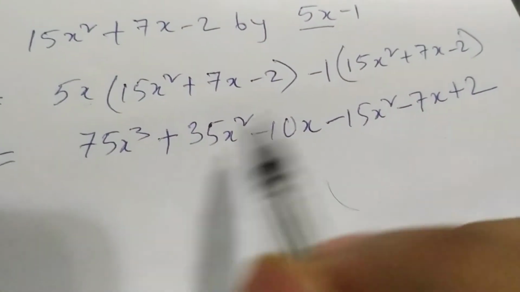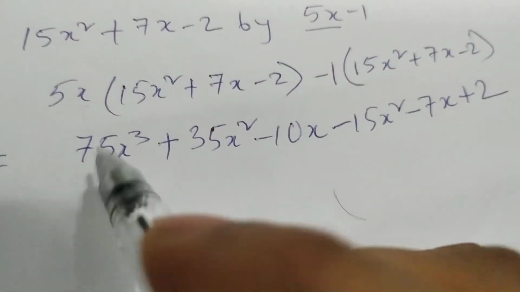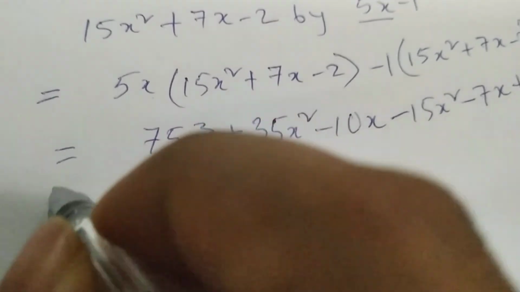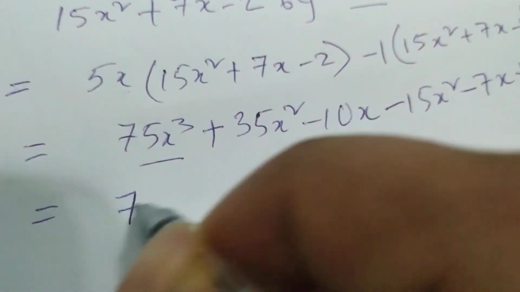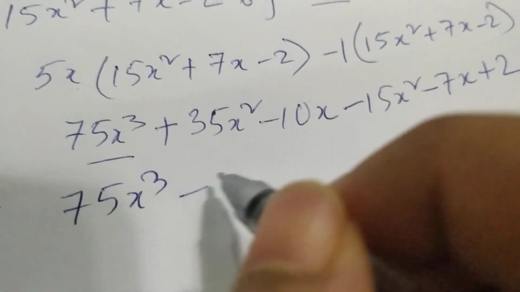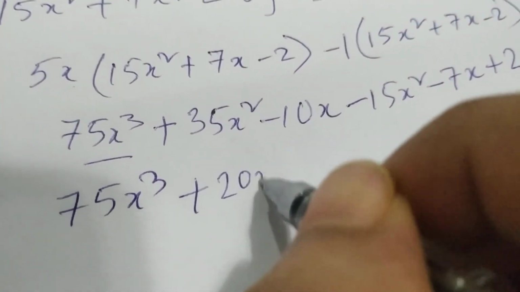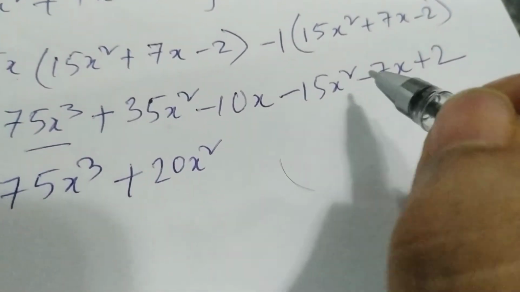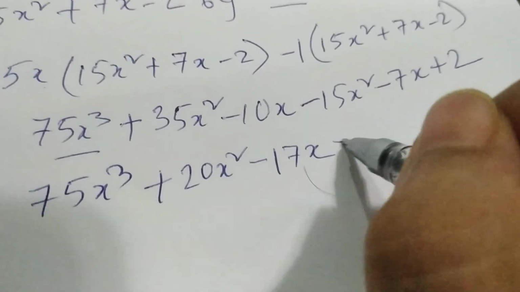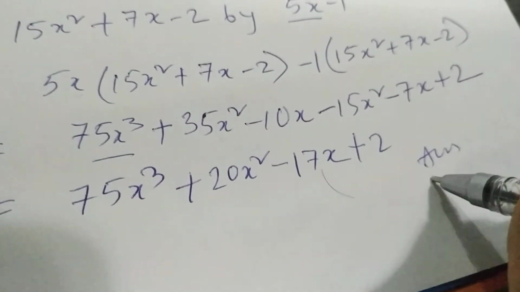Okay, so now we just need to reduce. There is no more x cube, so 75x cube stays as it is. 35x square minus 15x square is plus 20x square. Minus 10x minus 7x is minus 17x, and plus 2. That's it. So this is my answer.